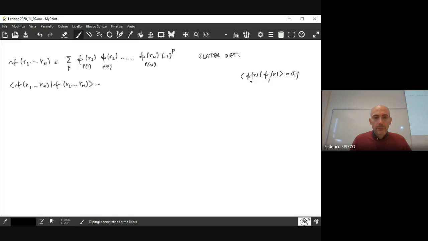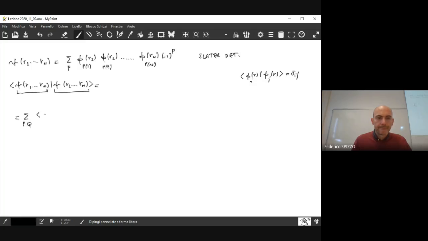So at this point, to write down this square modulus, we may use one set of permutations for this side of the scalar product and another set of permutations for the other side of the scalar product. So what we may write down is this. We have a summation over P, that is the first set of permutations, and the summation over Q, that is the second set of permutations.